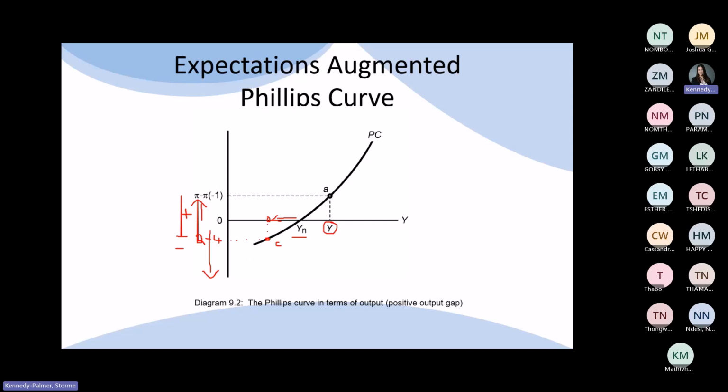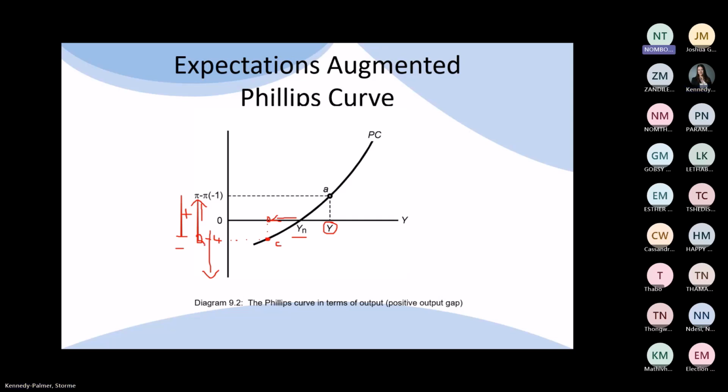So at point C, what would our actual inflation rate be? It's negative 2%.